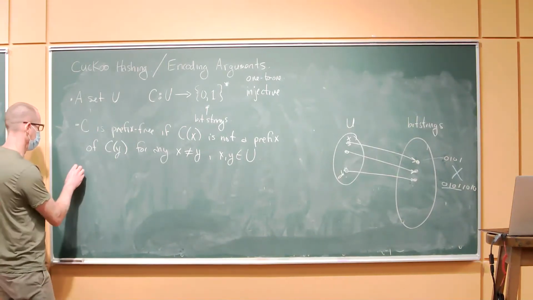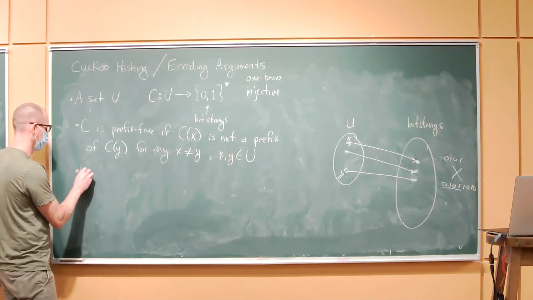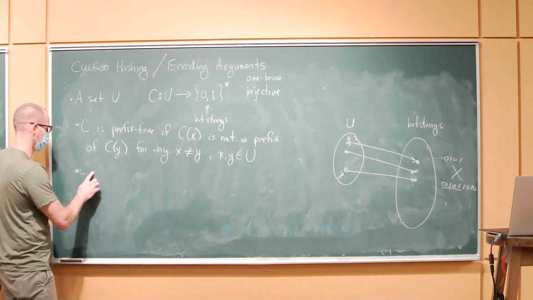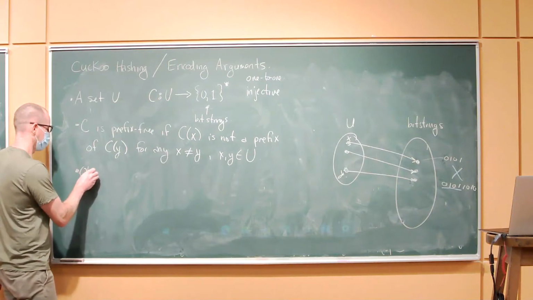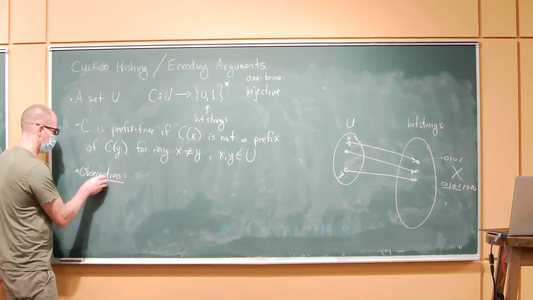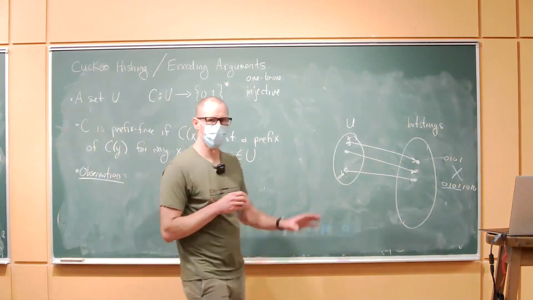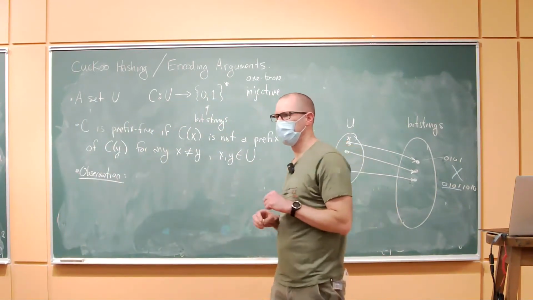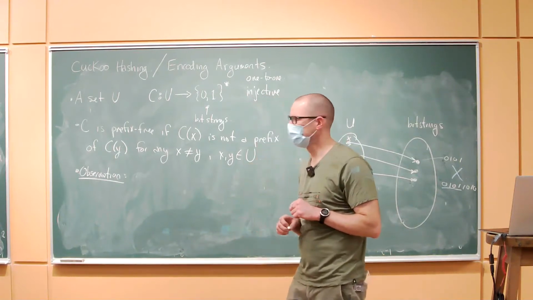So here's something silly, or an observation. And what I like about this technique is actually it's all sort of easy observations that somehow lead to proofs of rather difficult statements.